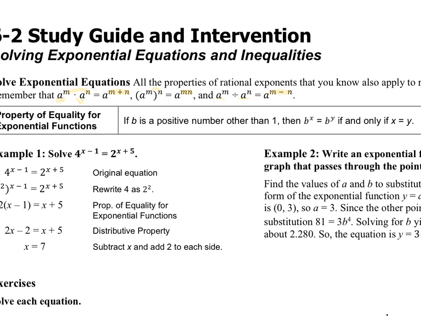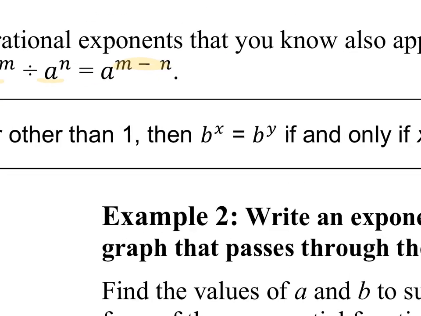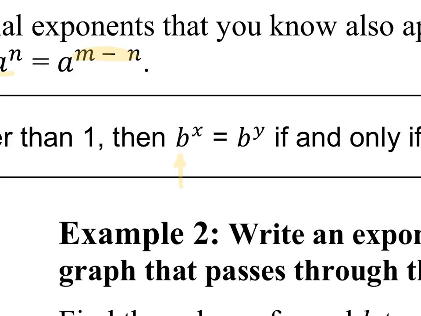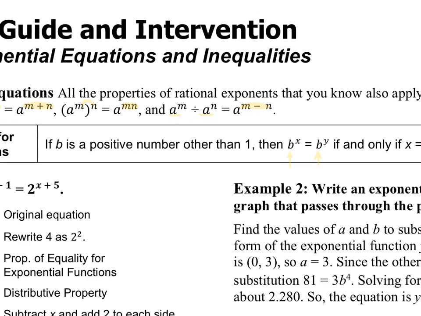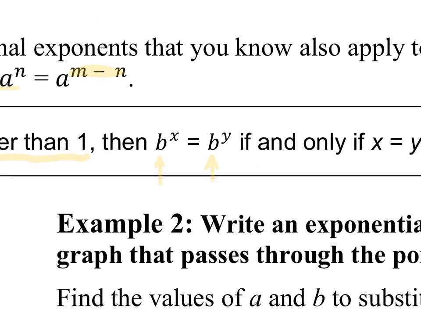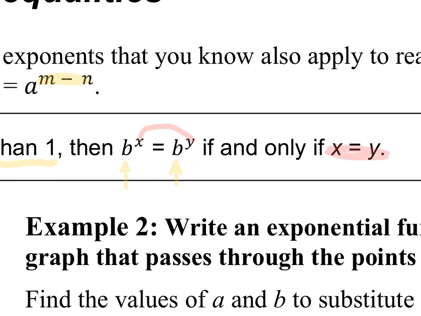This is what's going to hinge this whole page, to where if we have a base on both sides of the equation, and it says that if b is a positive number other than 1, so it's a little stipulation because there are some numbers that would make this not true, but if b is a positive number other than 1, if both of the bases are the same, their exponents must also be the same.